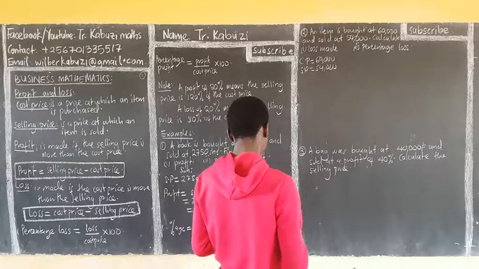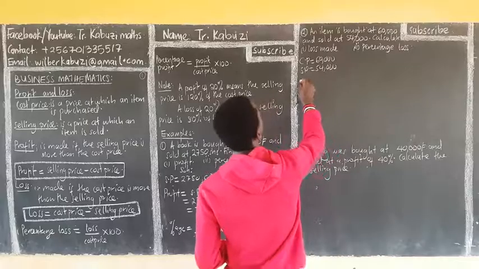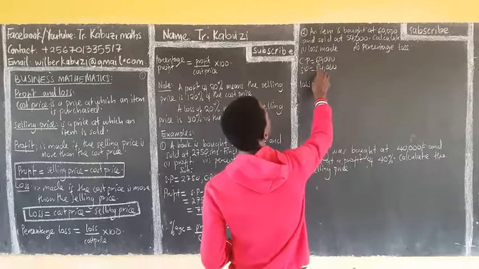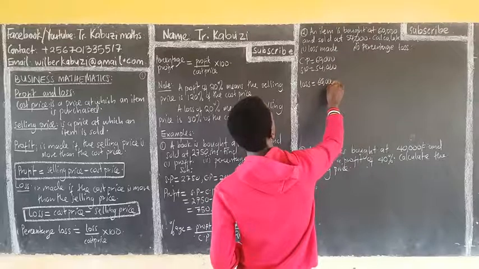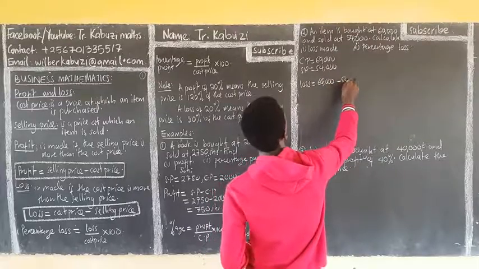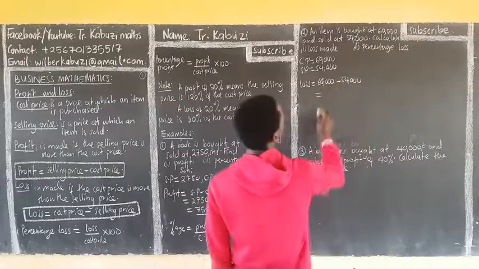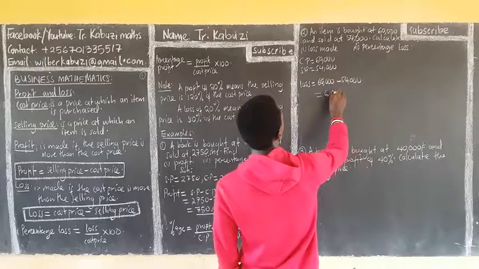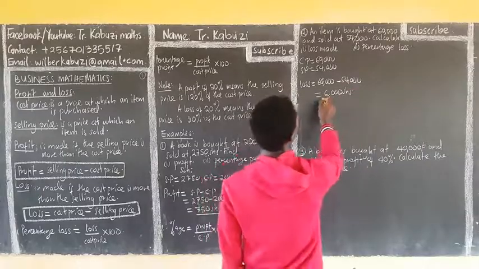So what do we do there? We get our loss as the cost price minus the selling price, and when you subtract, you get 6,000 shillings. So that is our loss made.